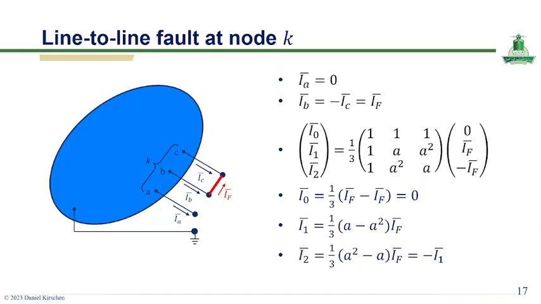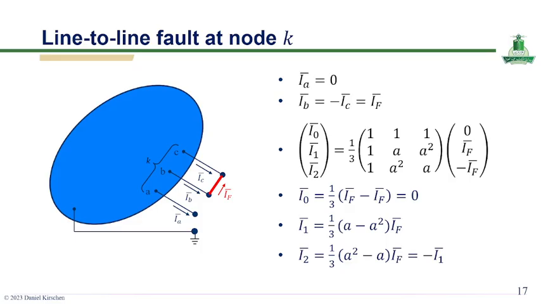Okay, this slide extends the analysis of the line-to-line fault at node K by expressing the phase currents in terms of symmetrical components. From the fault condition, we know that IA is equal to 0 and IB is equal to minus IC is equal to IF. By applying the symmetrical component transformation, the phase currents are decomposed into zero, positive and negative sequence components.